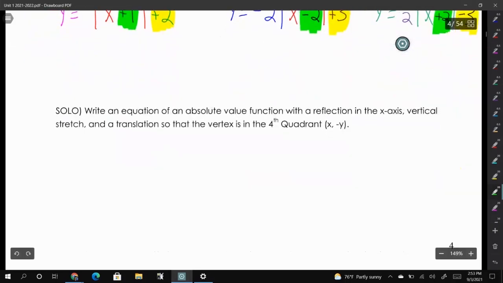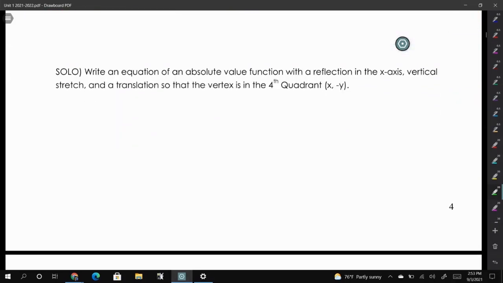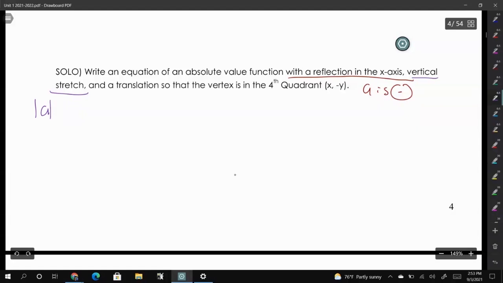Last question here. Write an equation of an absolute value function with a reflection in the x-axis. So this part right here means a is negative. A vertical stretch, so that means the absolute value of a is greater than 1.